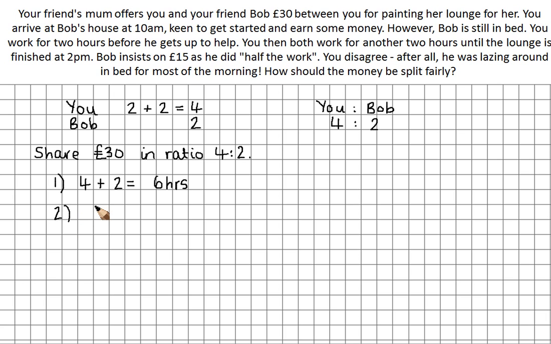So if we take this £30 that you've been given and divide that by 6, that's going to give us the amount that you get per hour of work. So 6 hours of work is £30, so 1 hour of work is going to be 30 divided by 6, which is £5. So you're being paid £5 an hour.